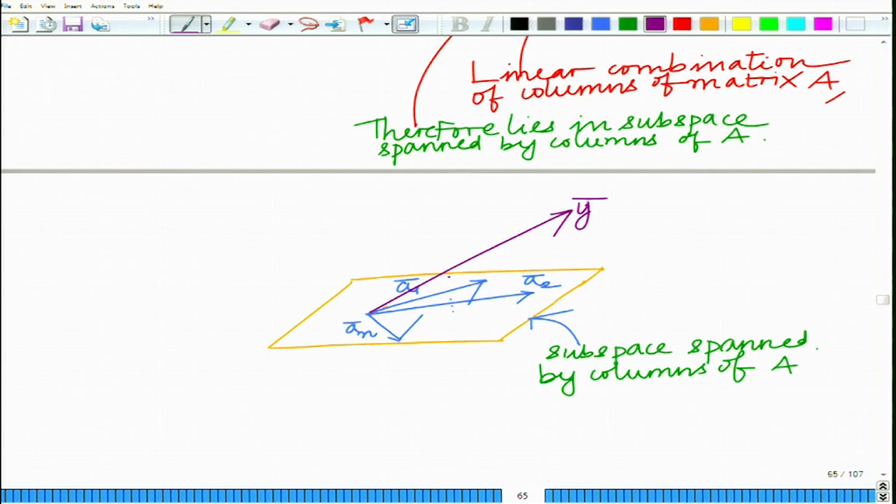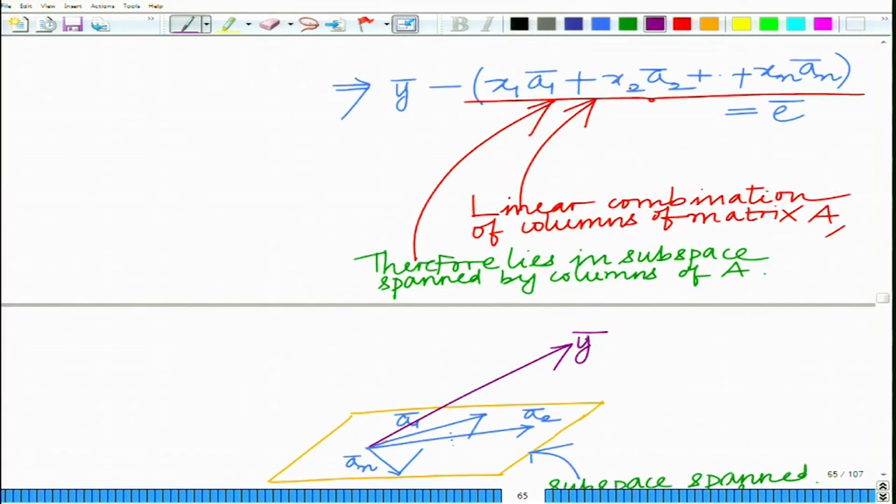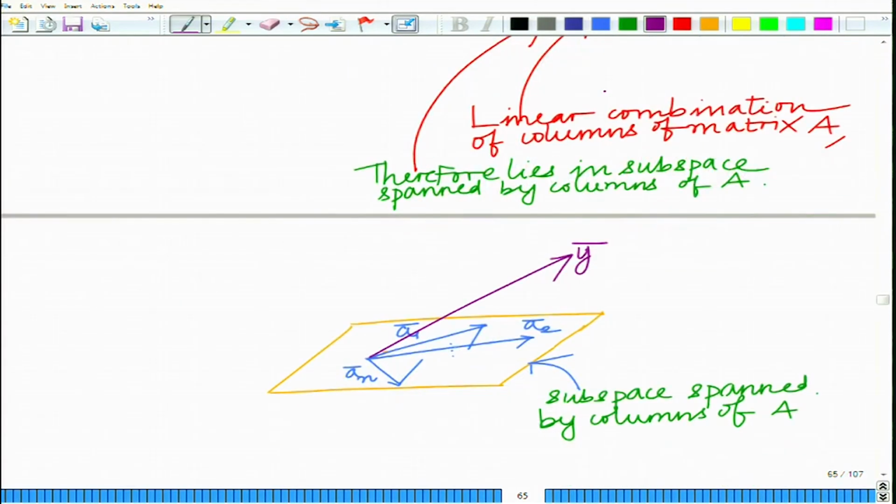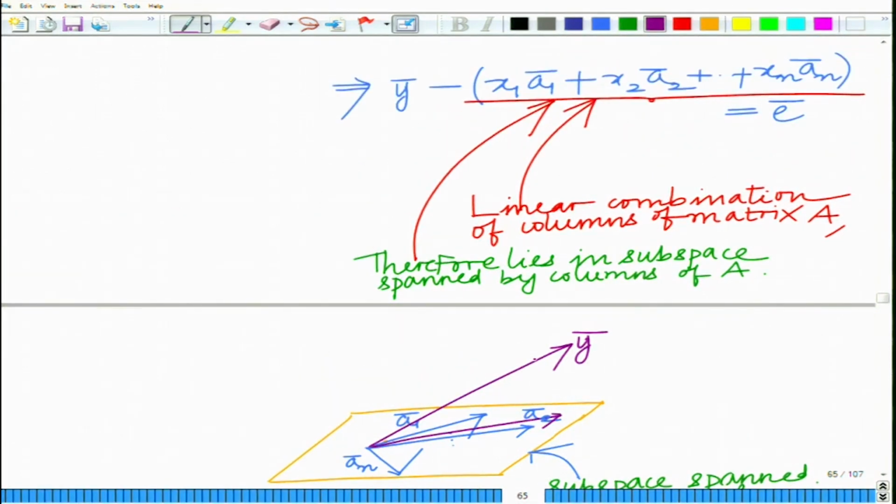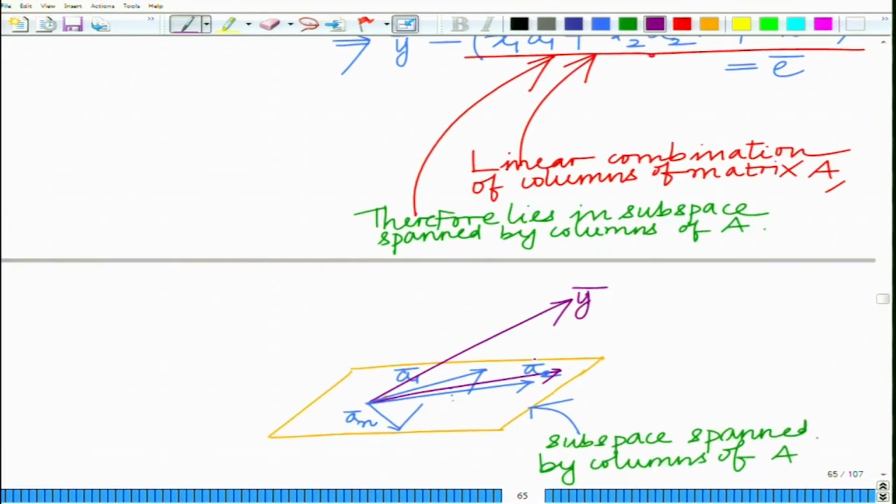So, this is your approximation. Let us denote this approximation by y hat. So this is your a2 bar, and this approximation, let us say you denote this by y hat.